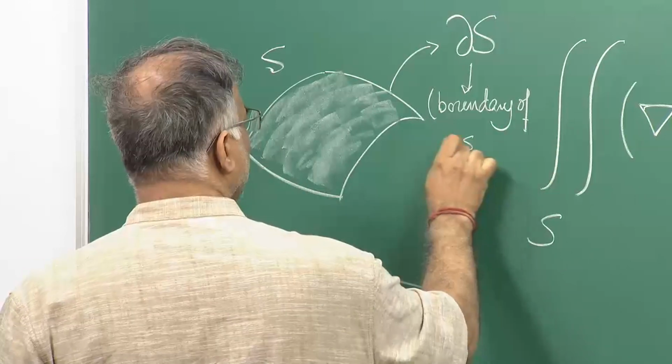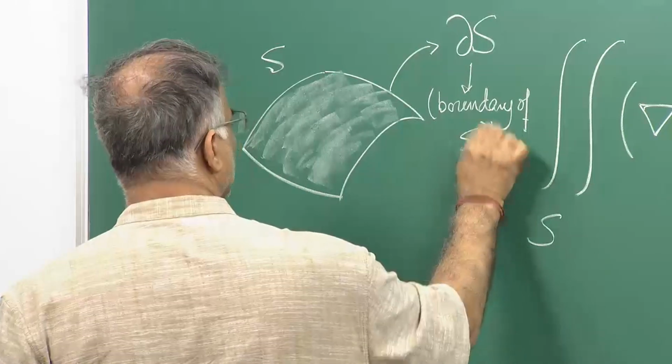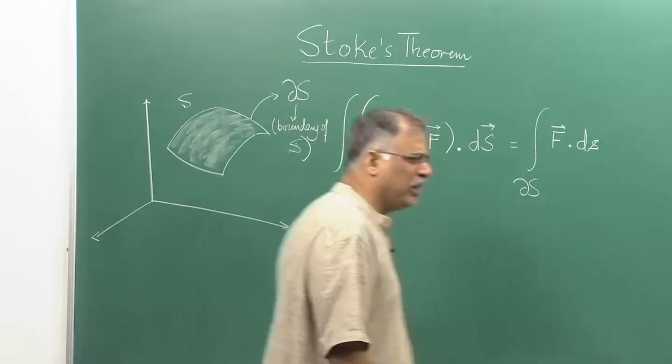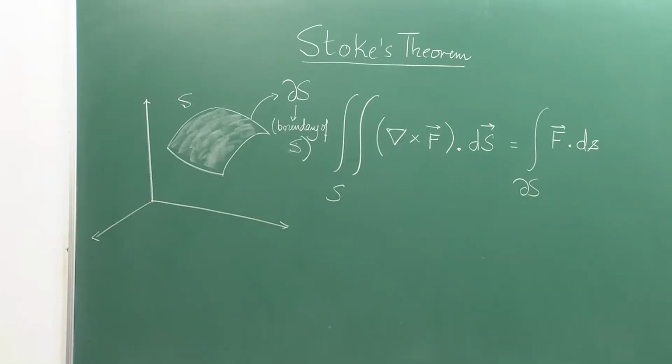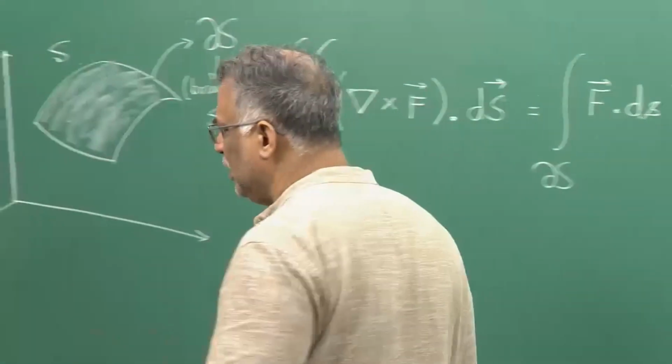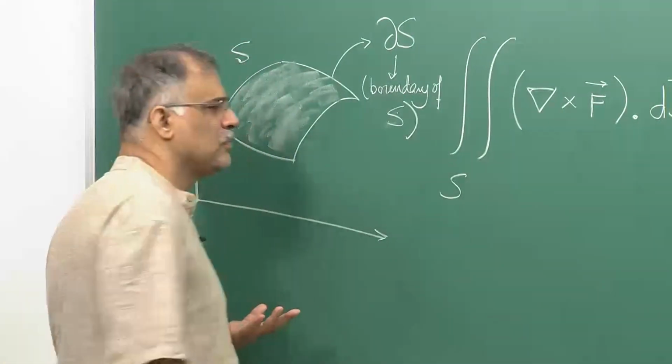So, when I am taking the line integral, how do I traverse that boundary? That is also an important question. This question is very important and needs to be answered before we can get the hang of Stokes theorem.